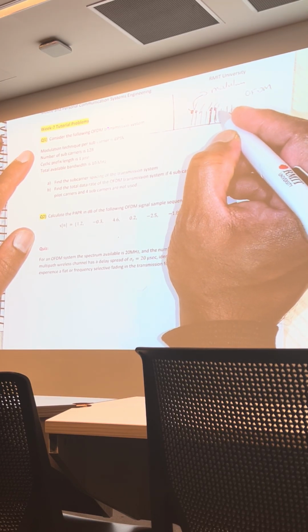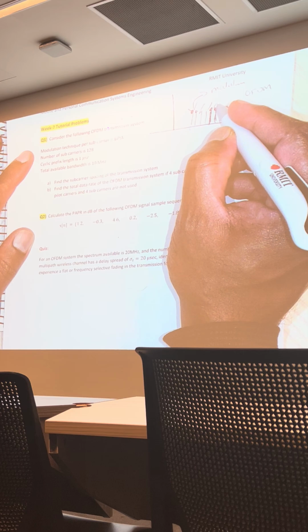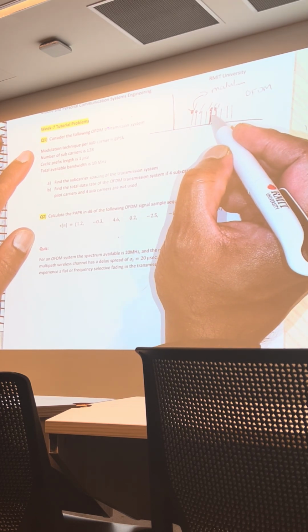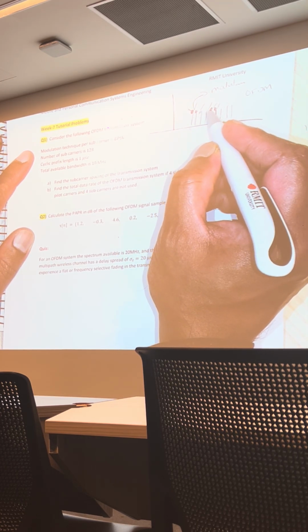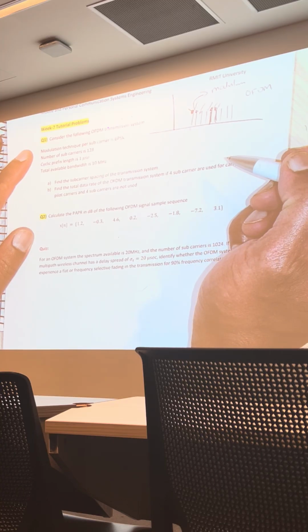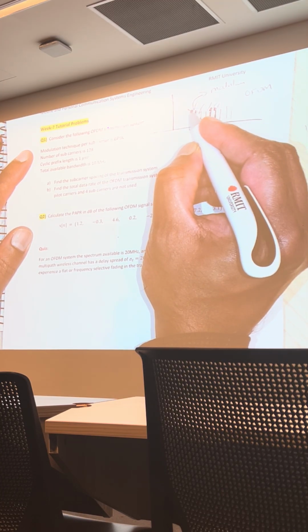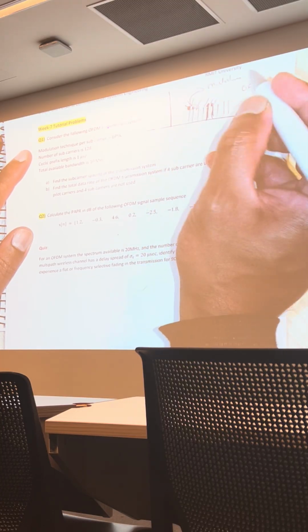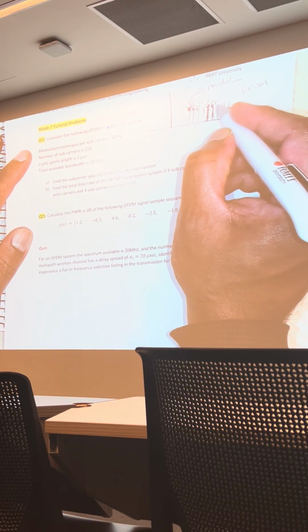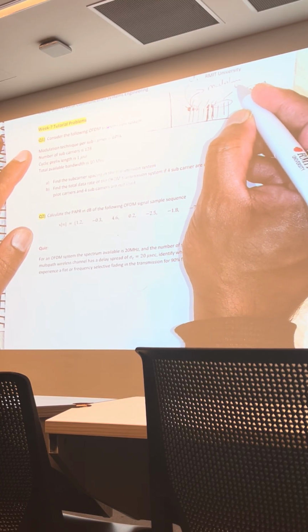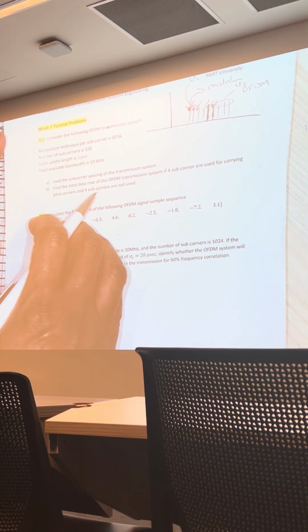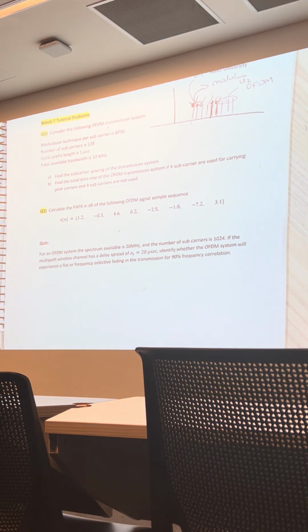In other words, we have the flexibility not to use some subcarriers for data transmission and use other subcarriers for data transmission. And we also have the flexibility to assign multiple subcarriers per user, so per user 1, and then more subcarriers per user 2.